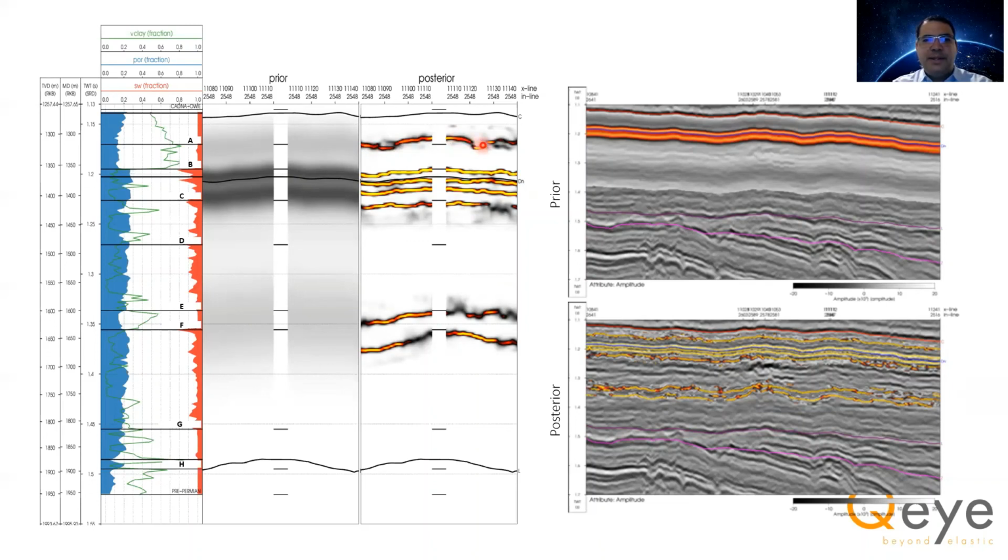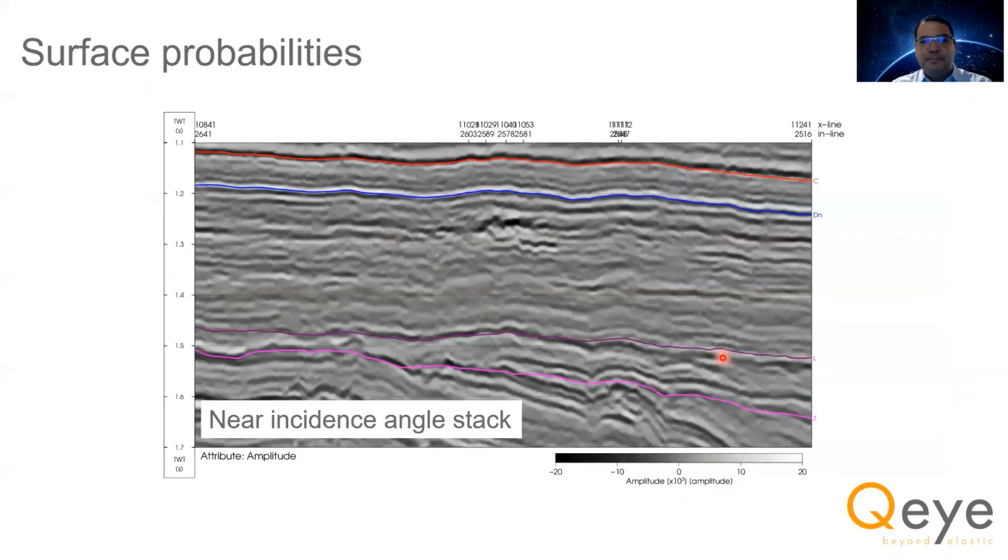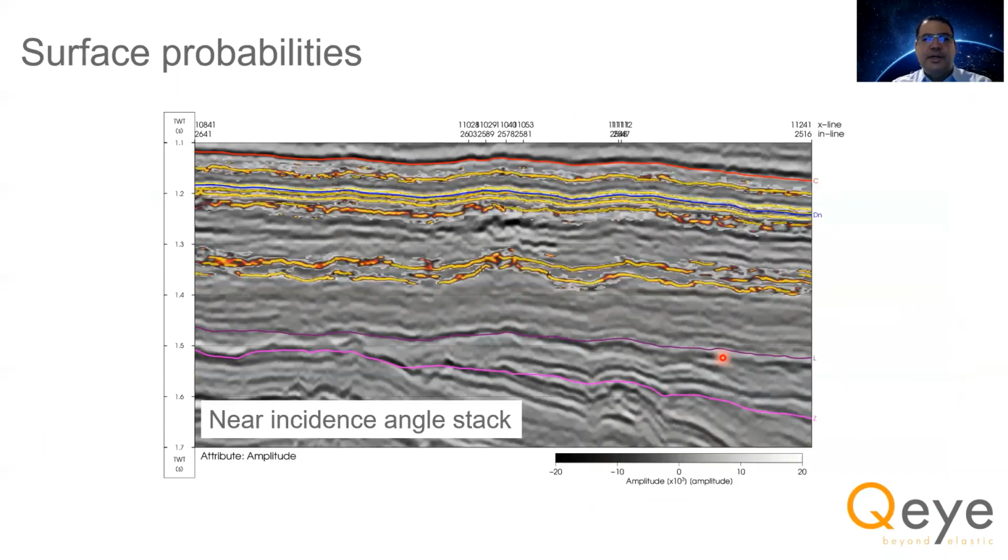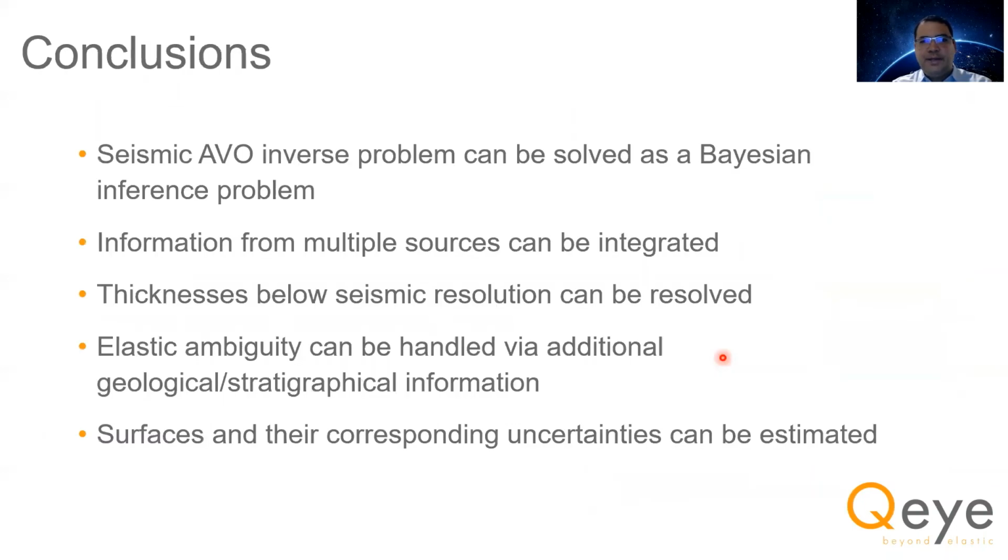By performing this inversion over the whole volume, we can get horizons that represent the surfaces at which the top of that phase might be found. Here is a zoomed view of those results. Here is the seismic section, and here are the surfaces represented by those probabilities of finding the top of a sand.